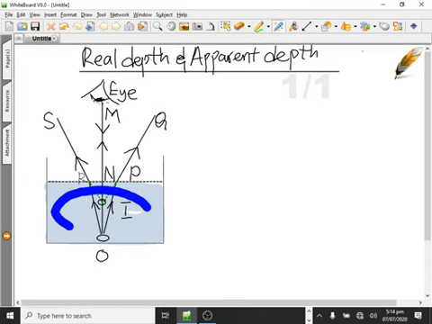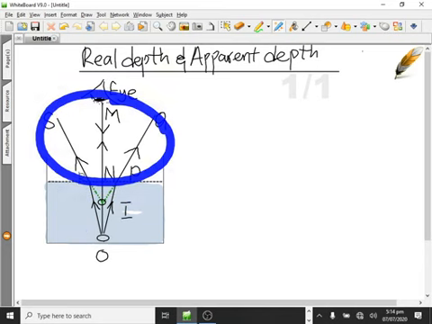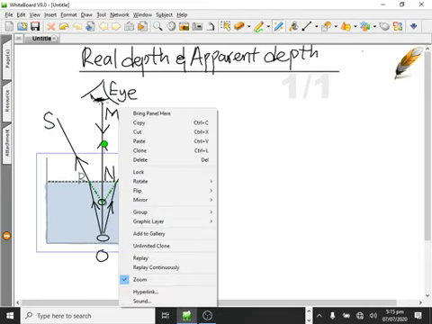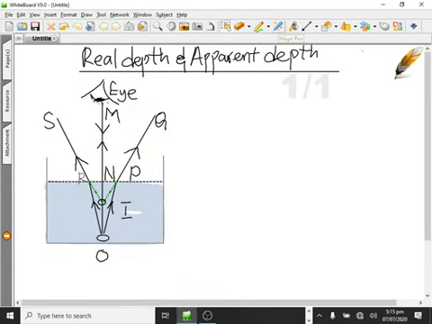This is the medium water, and over here we have air, which is another medium entirely. So when your ray of light leaves the water, entering into the air, it will be refracted.